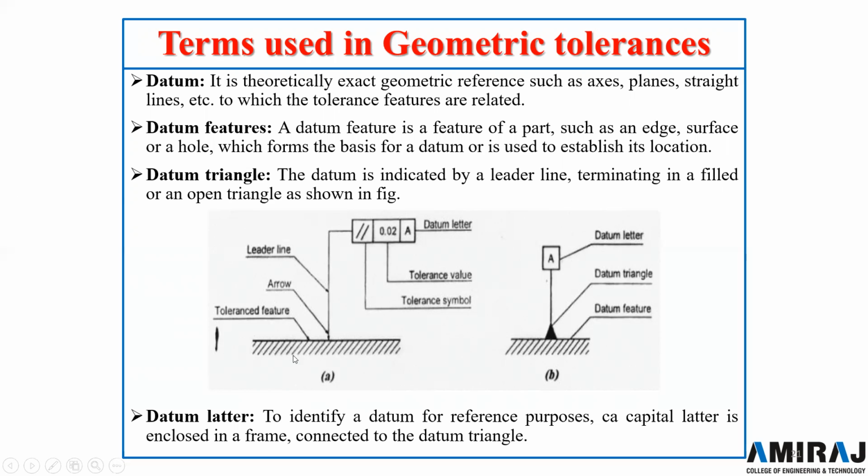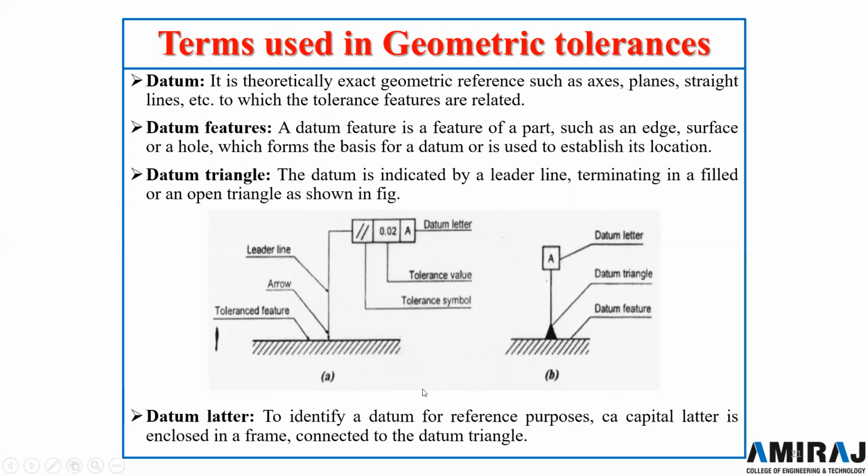You can see in the figure, this is the datum letter. After the datum letter over here, this is the leader line. The datum is indicated by this leader line. This is the tolerance feature arrow over here. Then the symbol for the tolerance, its value and the datum letter.